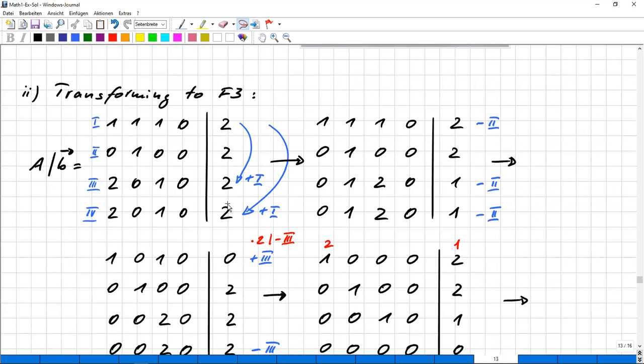The only difference is, while the classical Gaussian elimination has the upper echelon form as an end state, the Gauss-Jordan elimination method goes one step further.